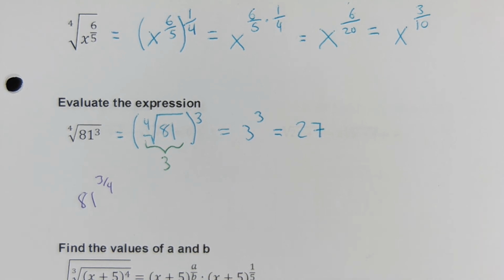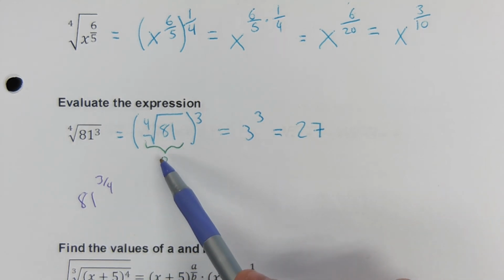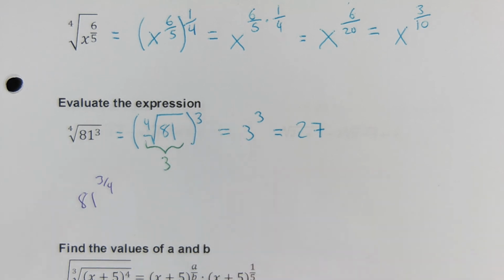If I remember correctly, your next test is no calculator, though. So, oh, yeah, 3/4 of 81 is 27. No, not 3/4 of 81. No. 3/4 power. That means take the fourth root, which we did, and got a 3, and then raise that 3 to that third power. Maybe we should practice that one again.